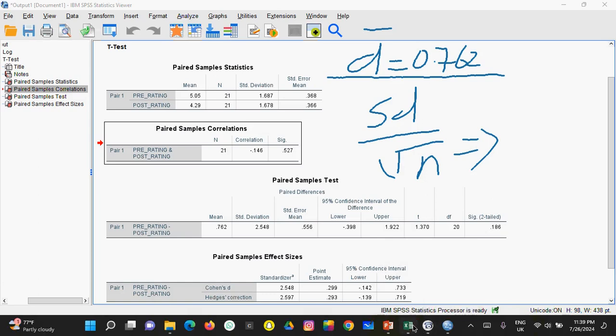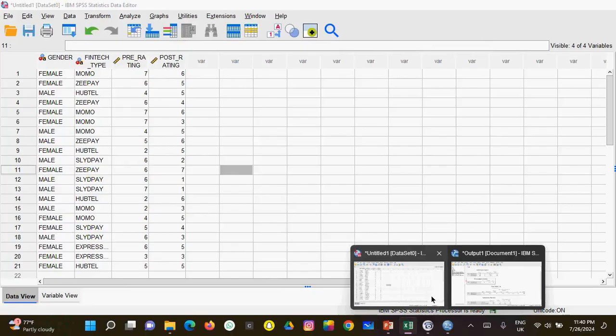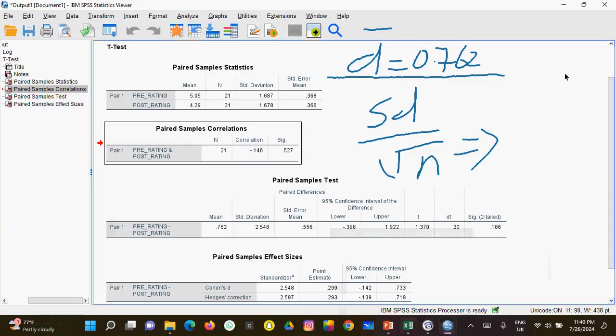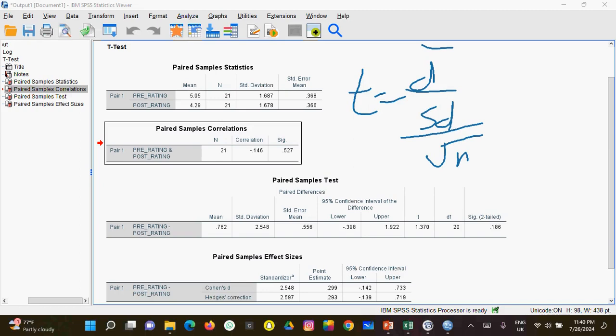So now our T test is going to be, let me write it. I want to do this faster. Remember, our T test is equal to D bar all over SD over root of n, right?